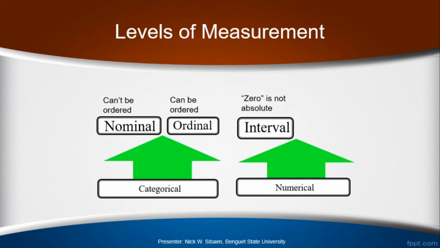It is interval if 0 is not absolute. We say that 0 is not absolute if the variable still exists even if its value is 0. This means that having a 0 value does not imply the absence of the variable.